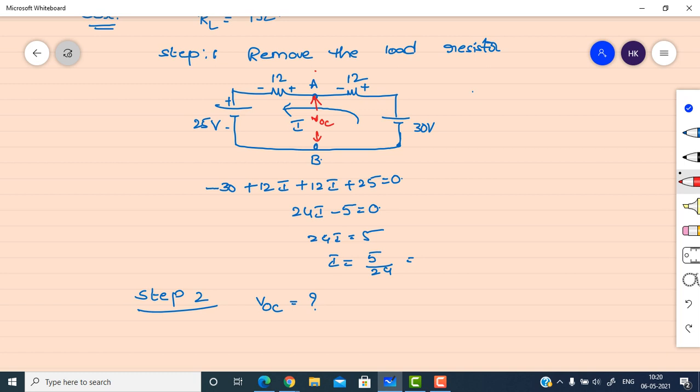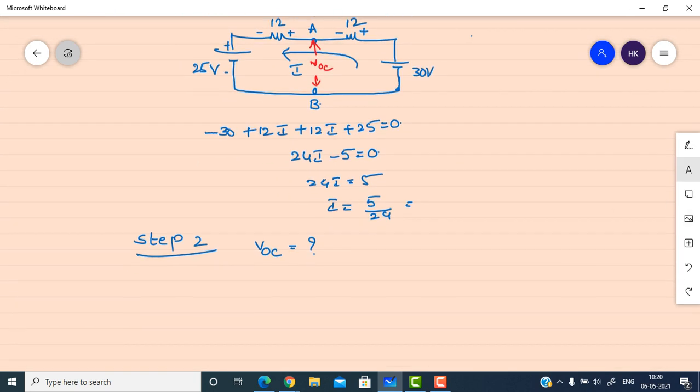And these two terminals are common to this part and this part. That means you can take any one of the parts to find the open circuit voltage. So I am considering this part.